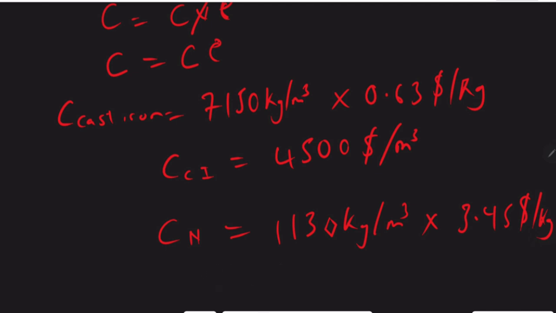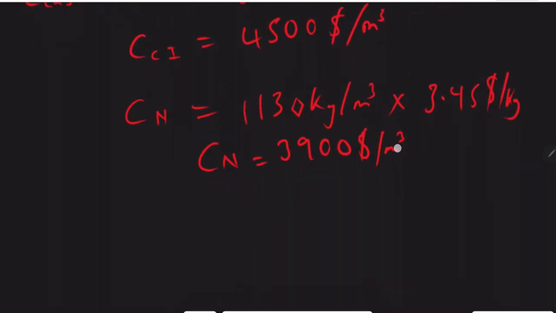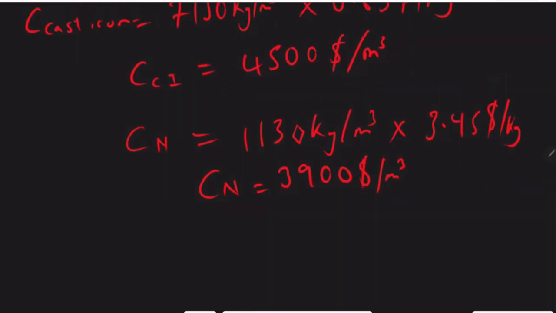Since we have this, we can multiply them and see that C_n is equal to $3,900 per meter cube. So now we can say that replacing the part with nylon instead of cast iron will reduce the price. Therefore, using nylon is cheaper than using cast iron.